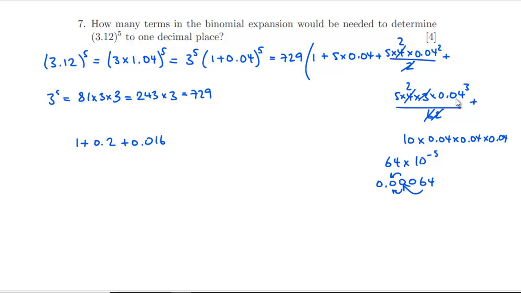So if we go down another one, we'd have 5 times 4 times 3 times 2 times 0.04 to the 4 divided by 4 factorial. So that'd be 24. So what's happened on this one is we've dropped by a lot. We've dropped by too much.